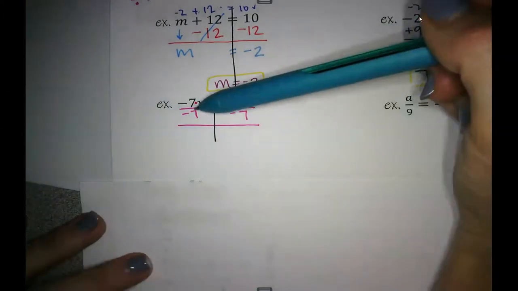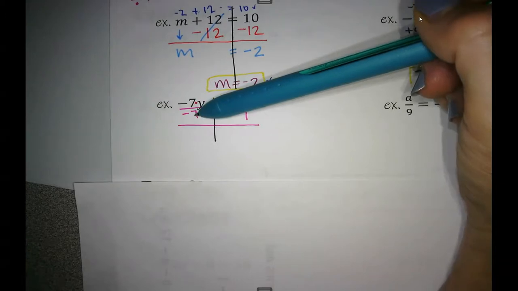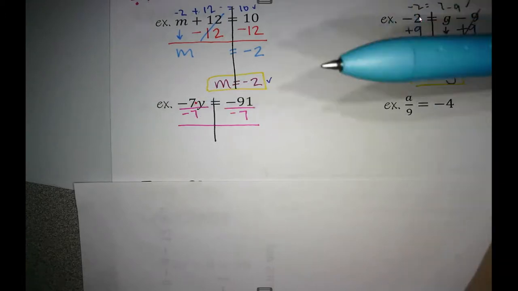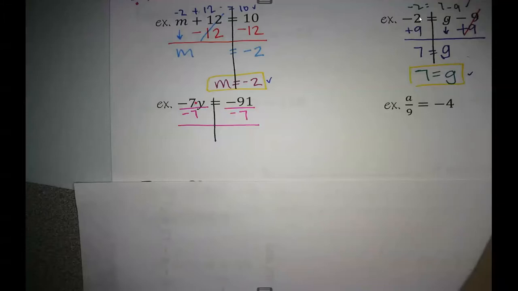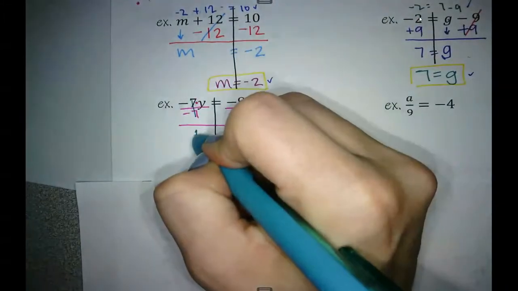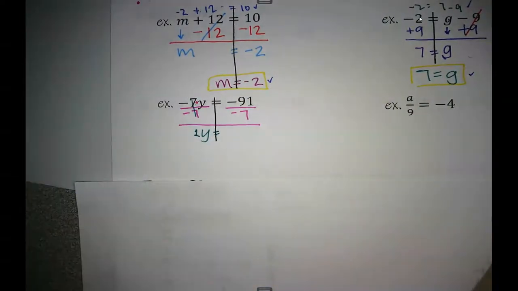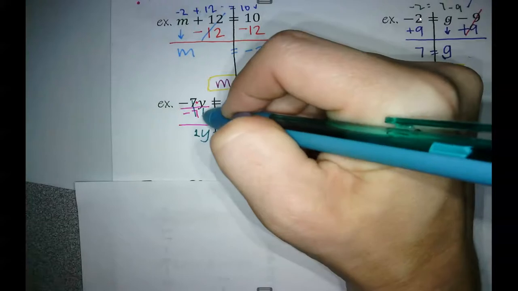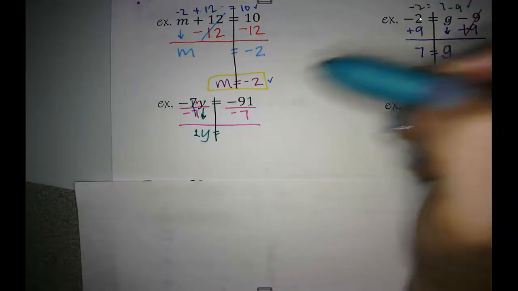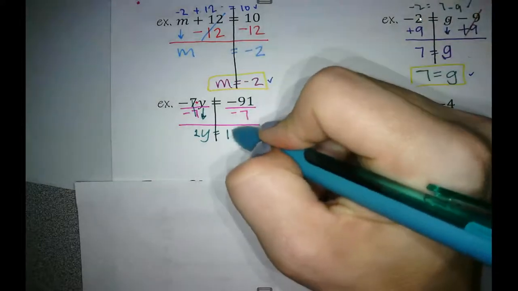if you don't believe me, try it on your calculator. Negative 7 divided by negative 7 is going to give you positive 1. And remember, a 1 in front of a variable is understood. So we're left with 1, and then we didn't change that y, so that y travels down. And on this side, negative 91 divided by negative 7 is 13.